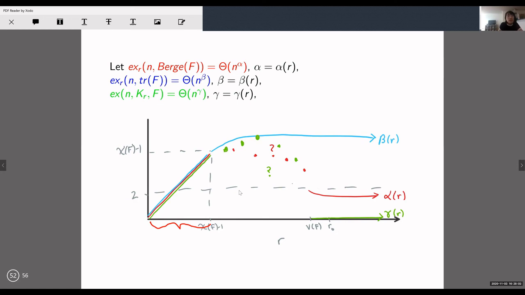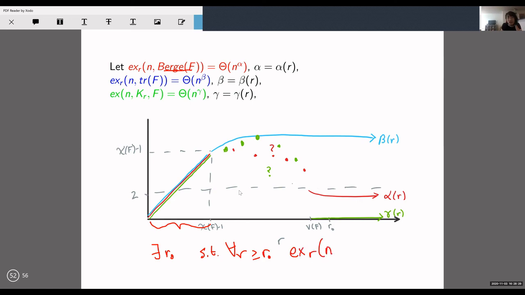Okay, and then there's a result due to Mubayi, Tompkins and someone else, I forget, sorry, which says that for Berge of F, there exists some R naught such that for every R which is at least this R naught, this will be a threshold on the uniformity.